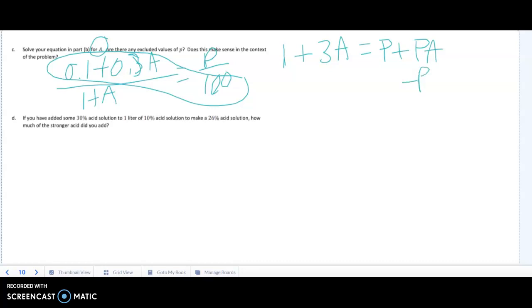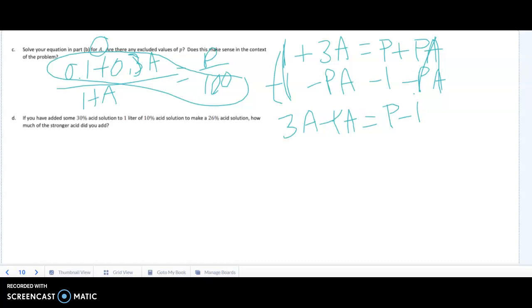So I'm going to subtract PA, subtract 1. Okay, 3A minus PA equals P minus 1. So these cancel. Now we're solving for A. All right, what do we want to do next?